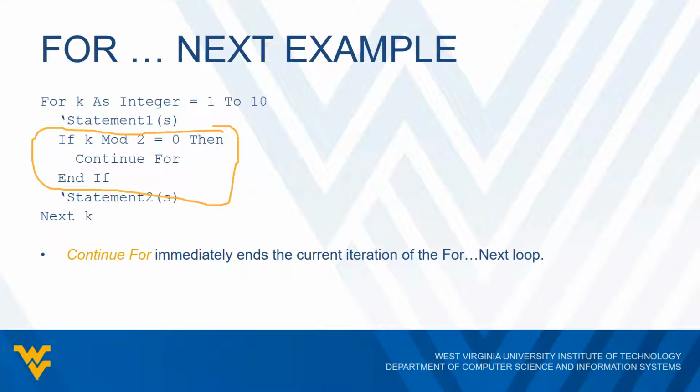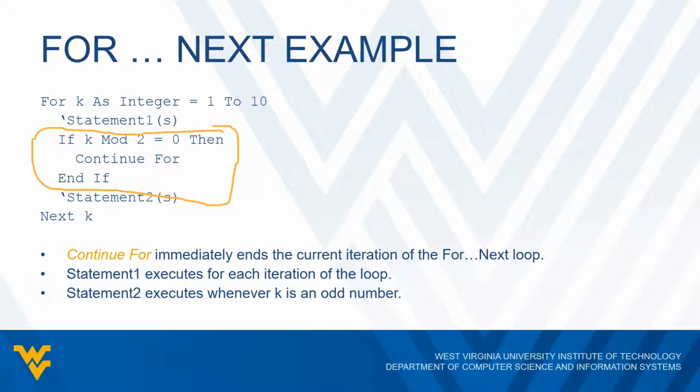So what we find here in this particular example is that the statement 1 section is going to execute for every iteration of the loop. Doesn't matter what k is, as long as the condition is true, we would execute all those statements.